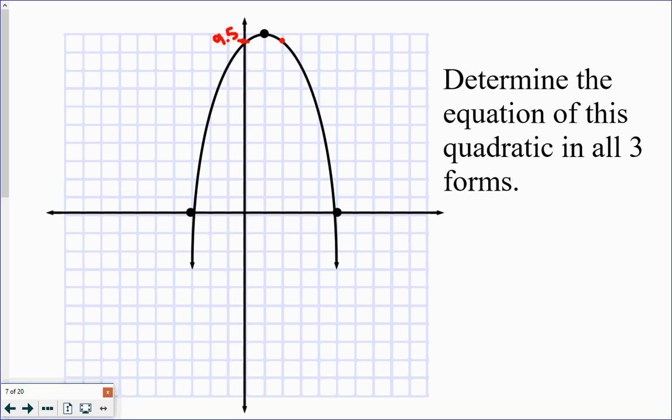So factored form, remember, is x-intercepts. I've got an x-intercept at -3 and an x-intercept of 5. Now for the a value, you go from the vertex. So we're going to go 1 over, and then this point here is at 9.5, so I went down 0.5.